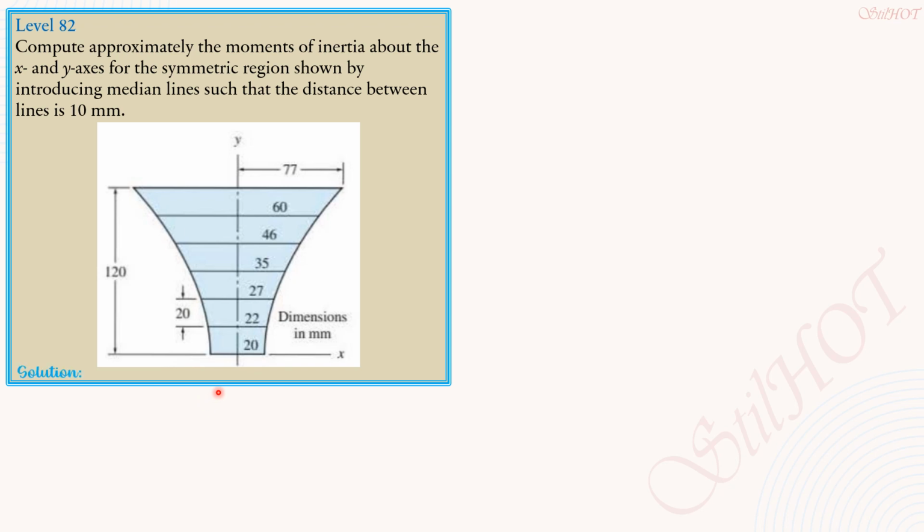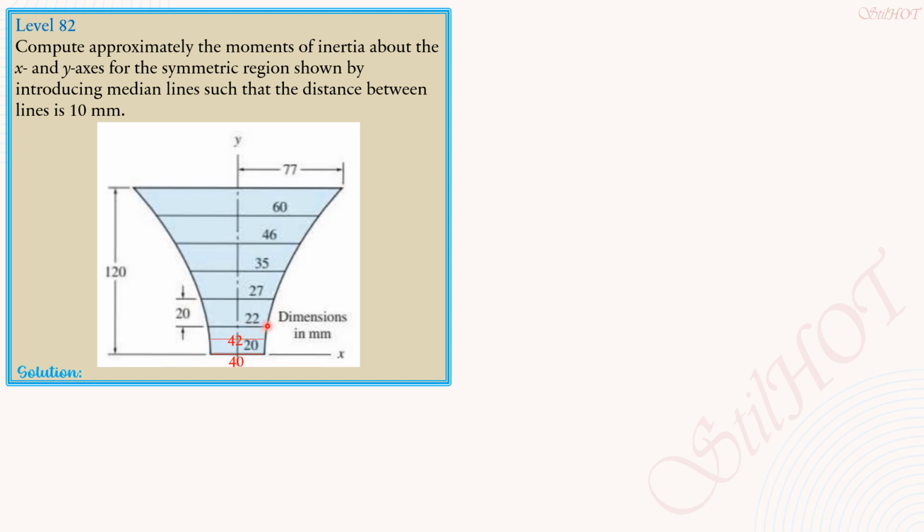So for our solution, the length here is 20 times 2, so 40 mm. So the median line here, because this is 44, so the median line here is 42. So that's 42 times 2 of 21. The average of 20 and 22 is 21 times 2, so 42 mm.